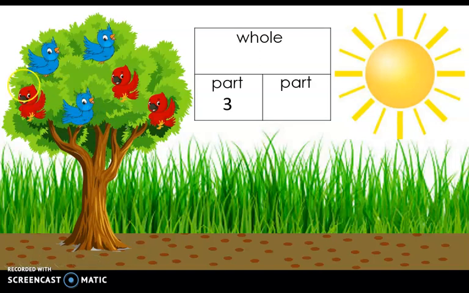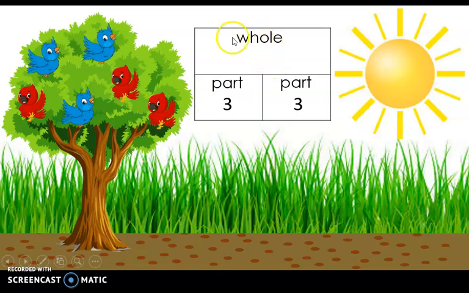Let's count the other color of birds and see how many there are. Ready? Count with me. 1, 2, 3. So the other part of this equation is a 3. So I have 3 bluebirds and 3 redbirds. Now let's count how many birds are in the whole tree. Ready? 1, 2, 3, 4, 5, 6.